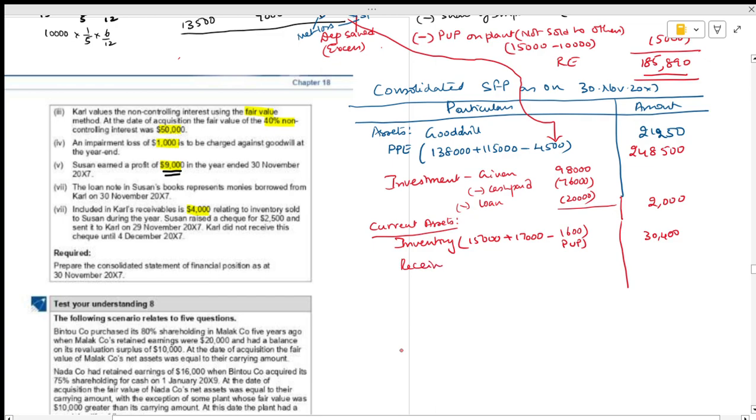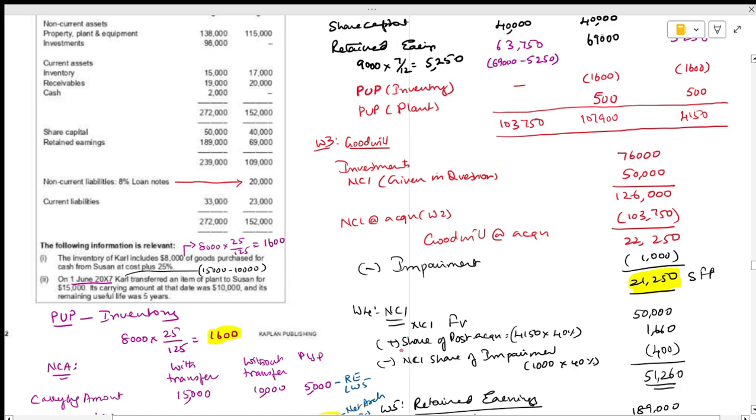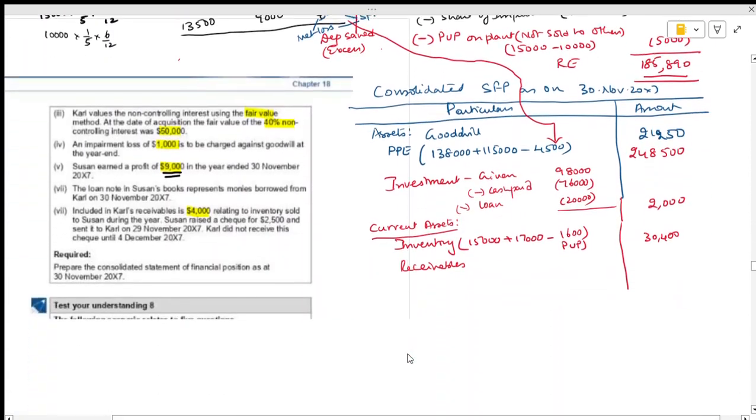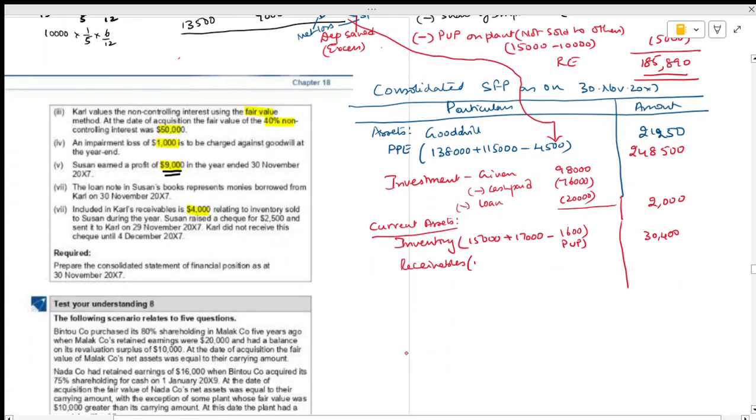Receivables. Receivables are how much? 19 plus 20. Was it 19 plus 20? How much? 39. Okay, now you see the things.